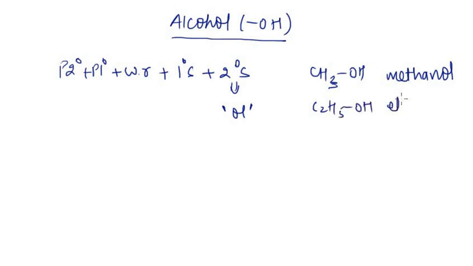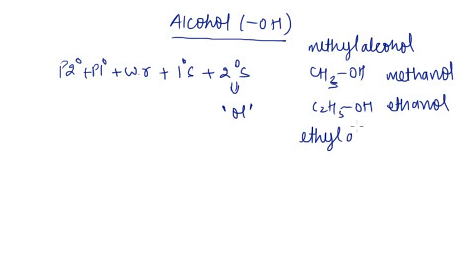C2H5OH is ethanol, or we call it by the common name methyl alcohol, and its common name would be ethyl alcohol. So one is the IUPAC name and another is the common name. We have seen the difference between them previously.